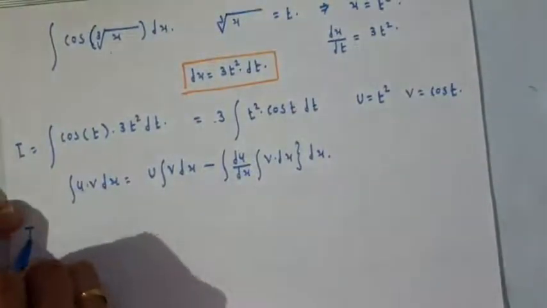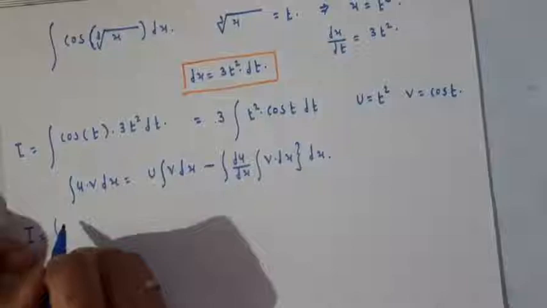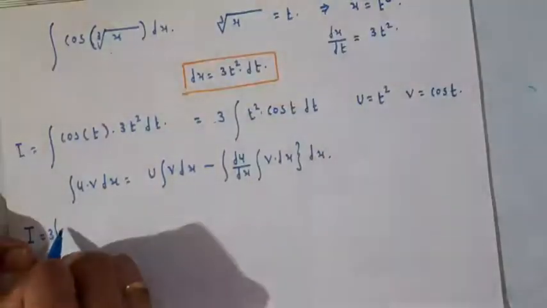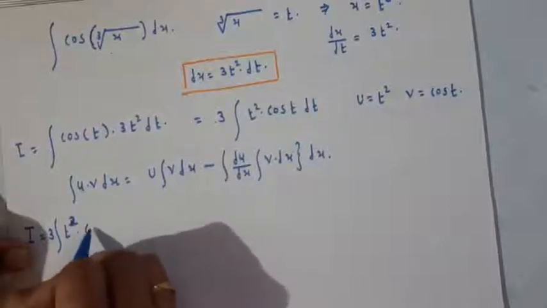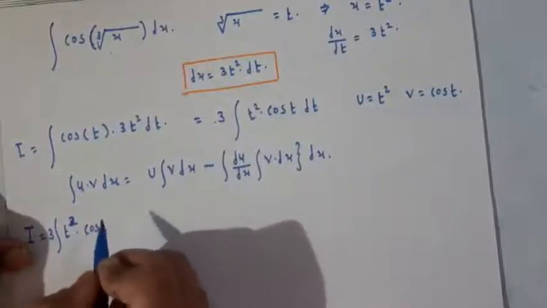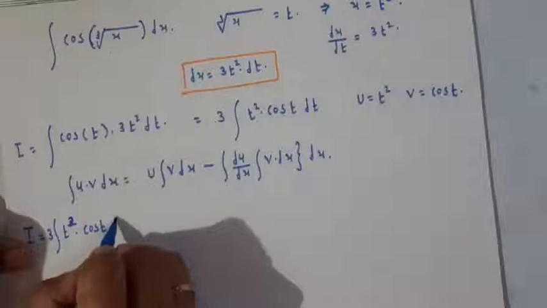So here the integration I equals integration of 3, outside, t square into cos of t with respect to t.